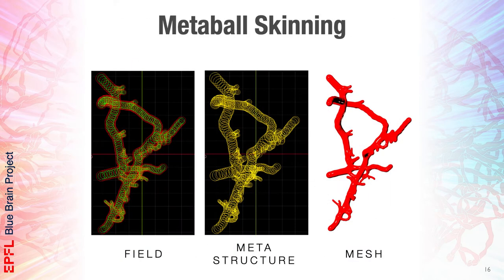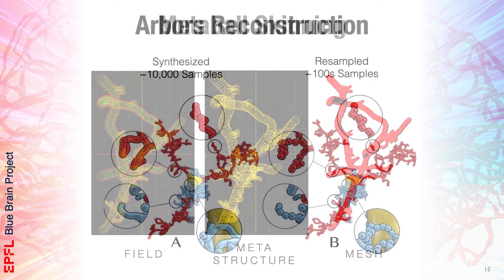Our approach is based on metaball scanning. So we create from the samples what's called the field. And from this field, we create a metastructure that is being polygonized using one of the derivatives of the Marching Cubes algorithm to create a mesh. So we use the same algorithm to generate the astrocytes, but we do some tricks to be compatible with the astrocytic morphologies.